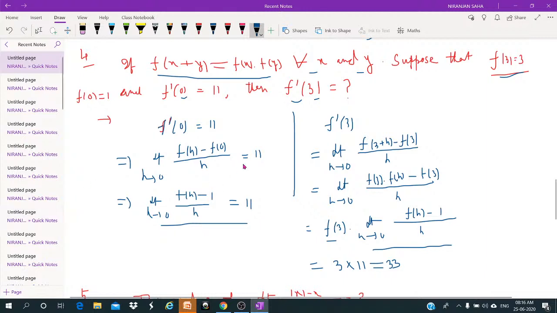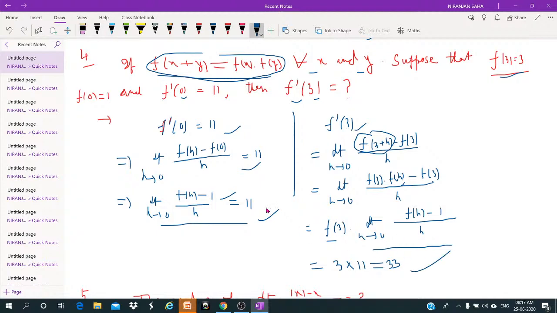So here the first derivative of f at the point 0 is 11, f(0) is given 1, so the first derivative of f at the point 3 you can write in this way. Here I have used the given relation for f(3 plus h), f(3) and f(h).